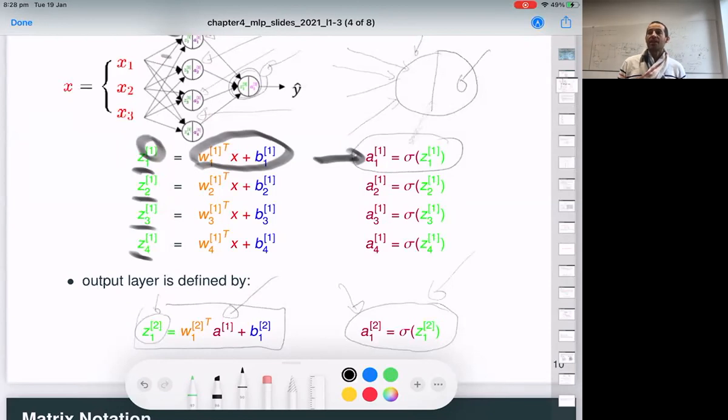We use a linear function, the identity activation function, just for the output layer for a regression task. Because if we have a regression task and we want to estimate something living between minus infinity and plus infinity, we need an activation function which is not bounded.